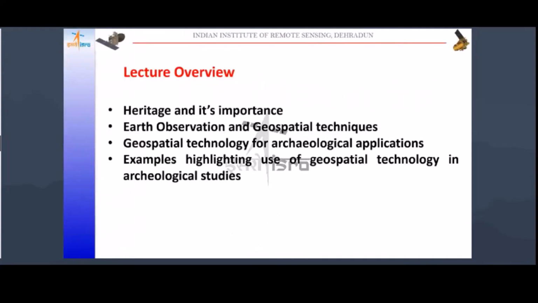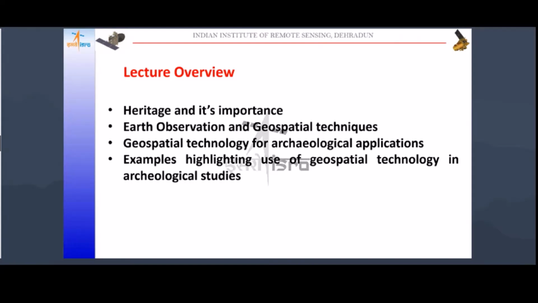As I said, I'll tell you about heritage, what heritage is and its importance, the Earth observation and geospatial techniques that are available to us in the current scenario, and how these techniques and methods are useful for archaeological applications. Together with their advantages, we will also highlight the limitations and how we can use an integrated approach.